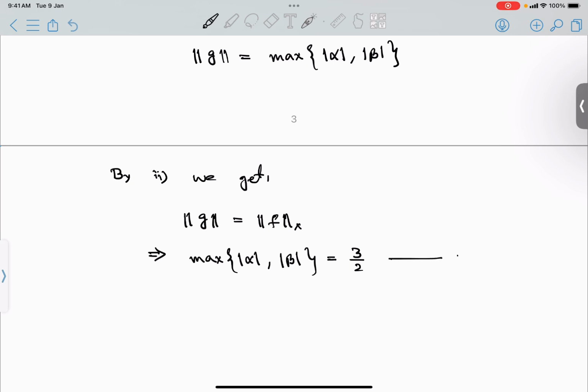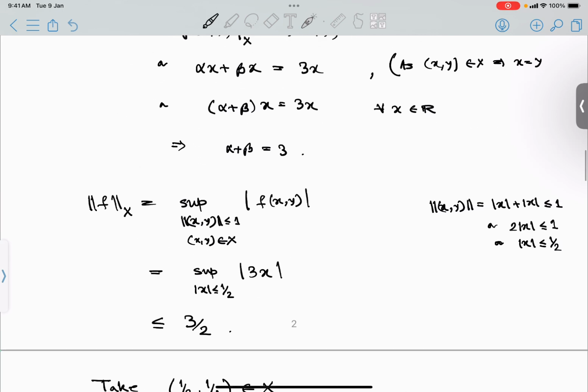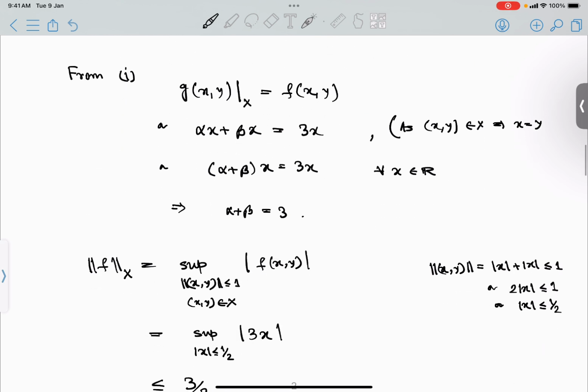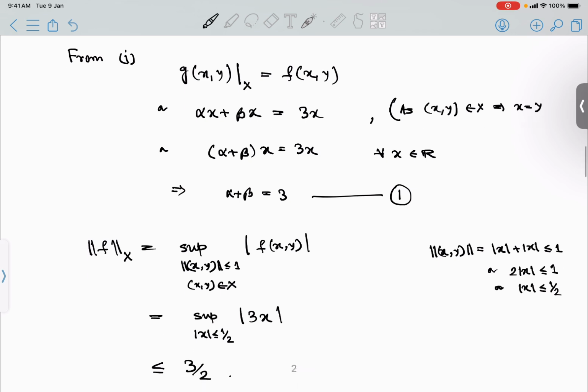Let me call it true, and from condition 1, we got earlier that the sum is 1. So we get two conditions, 1 and 2, and we have to solve these two.